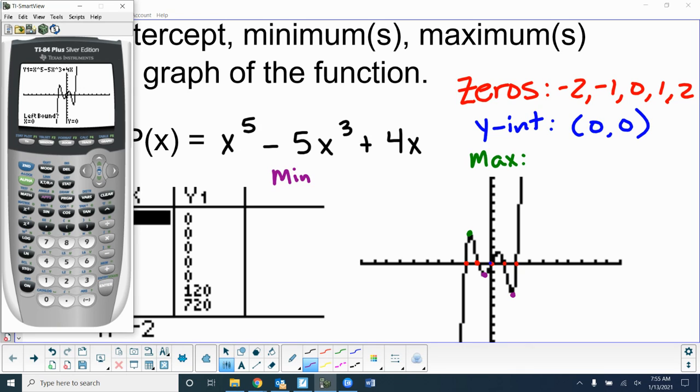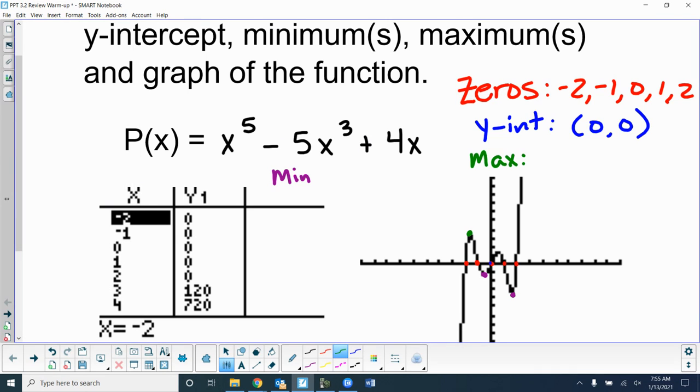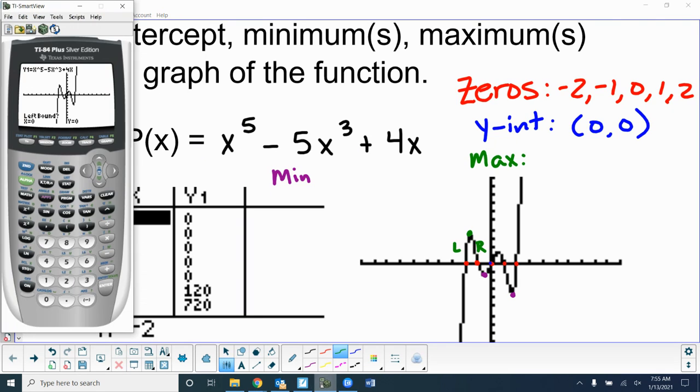Okay, and left bound means I got to get left of it. So left of it's going to be over here, and right of it's going to be over here. And we can see it today. So I'm just going to hit my left arrow key and move around until I get left of it. Okay, I'm left of it. Hit enter. Move back right. Go around. I'm right of it.